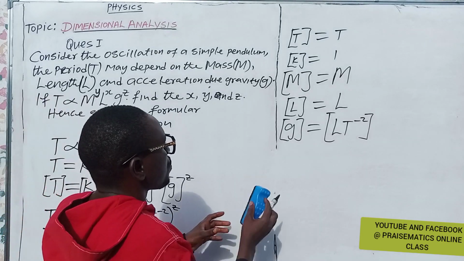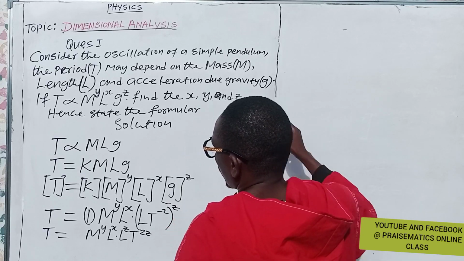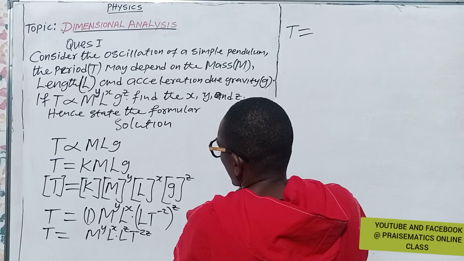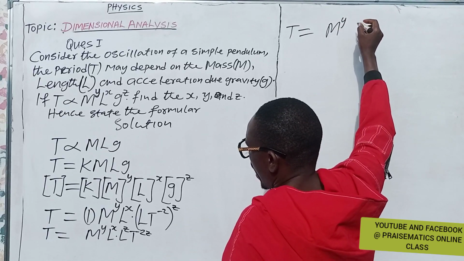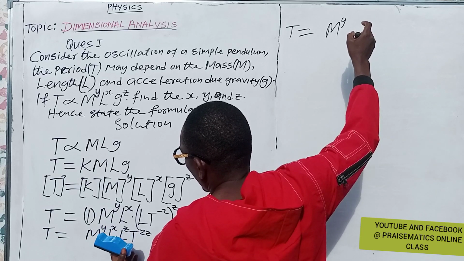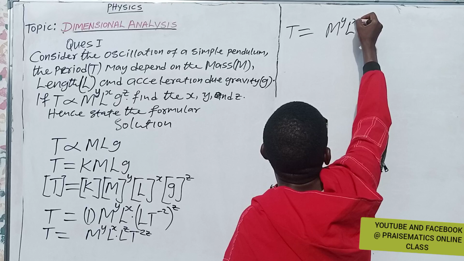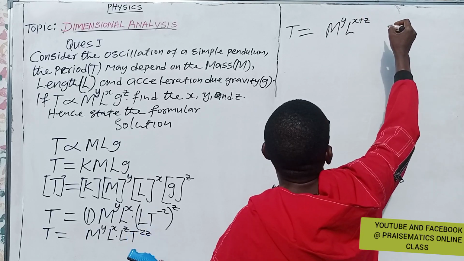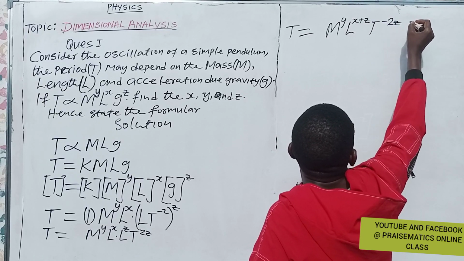So finally, what do we have? We have that T, the period, is equal to M raised to power y. If we collect by the laws of indices, we have L raised to power x plus z, and T raised to power minus 2z.